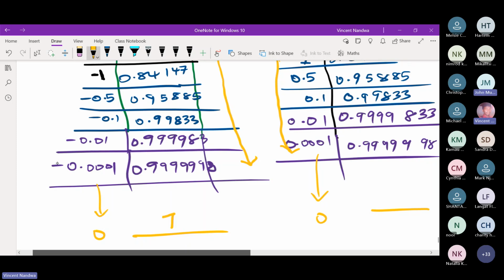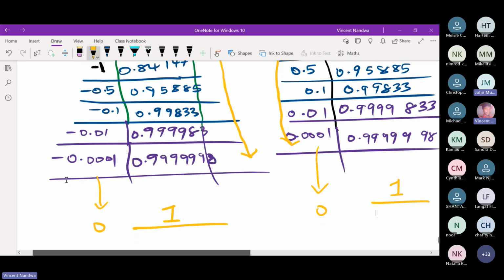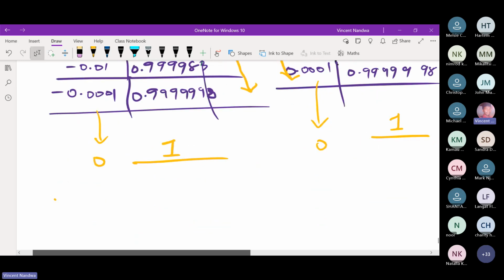This is the trend in either direction, and therefore we say the limit as x approaches 0 of sine of x divided by x will always be given by 1.